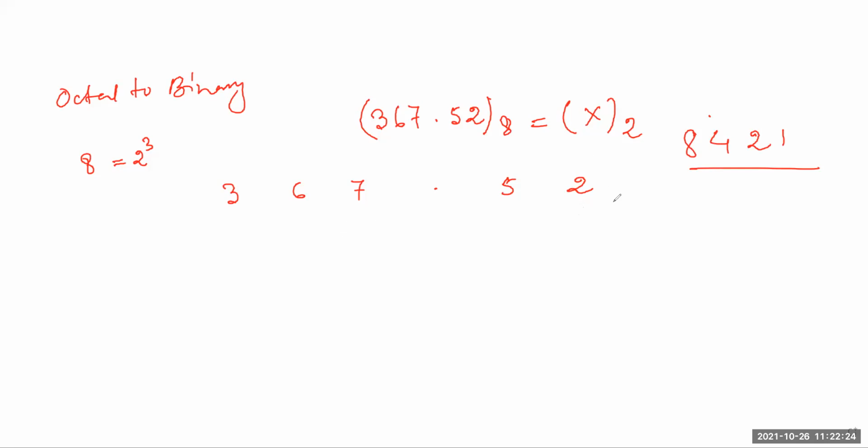So what is the 3-digit value of 2? We need 3 bits, so here we need 0, 1 and 0. Is it understood? Yes. So 2 equals 0, 1, 0 in binary.